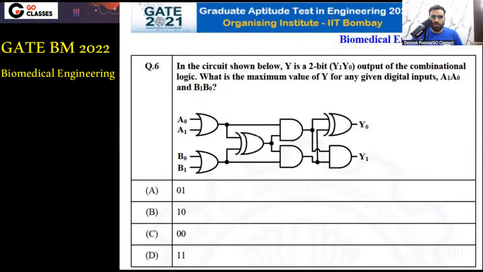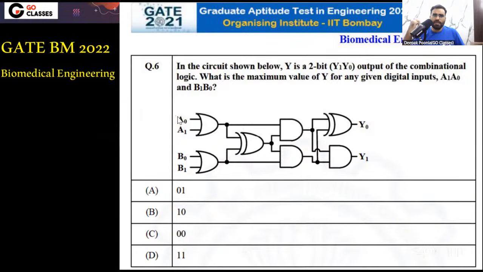Now, this question you can solve either in the forward direction or in the backward direction. The question is asking that for any given digital inputs A1, A0, B1, B0, you already know how many input combinations are possible when you have 4 variables: 16.